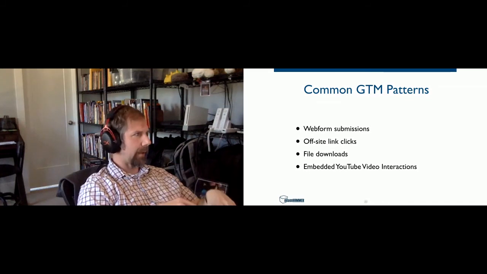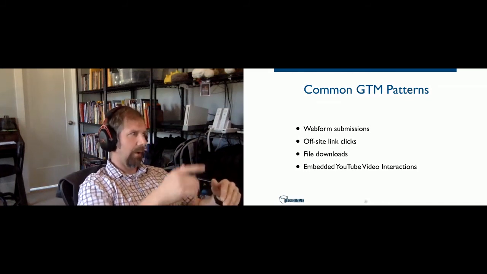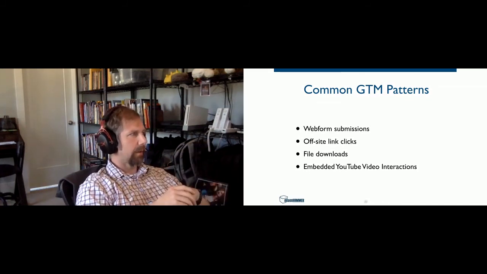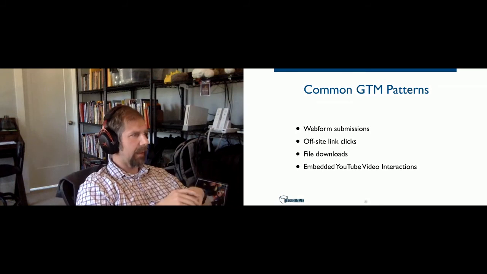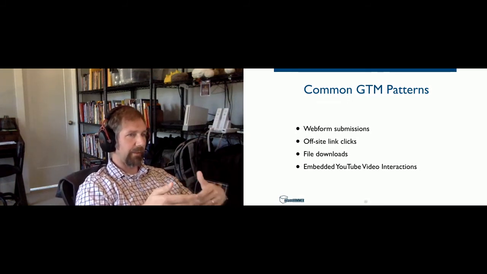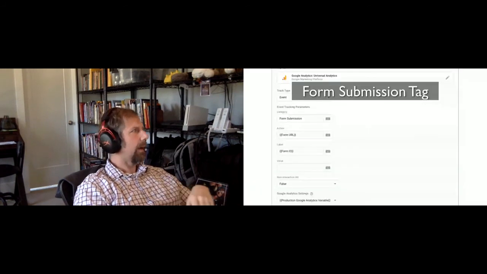So that's just built out of the box. And then it's really handy. It says, what's your event category you want? What do you want to be sent as the event action? What do you want to be sent as the form ID? And then you need to include your Google Analytics setting, which is a custom variable that's basically your particular Google Analytics code. So let's glance at what that looks like.